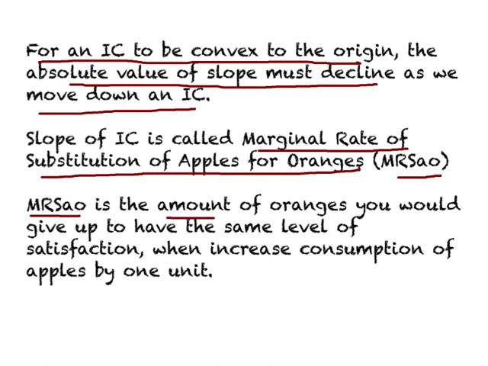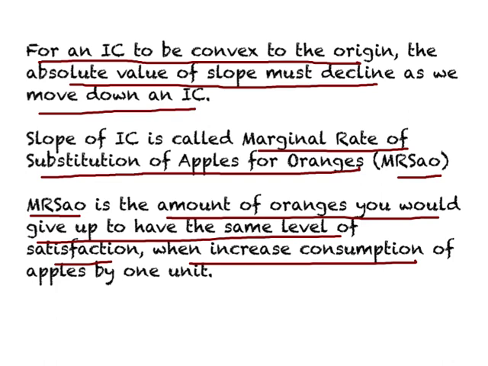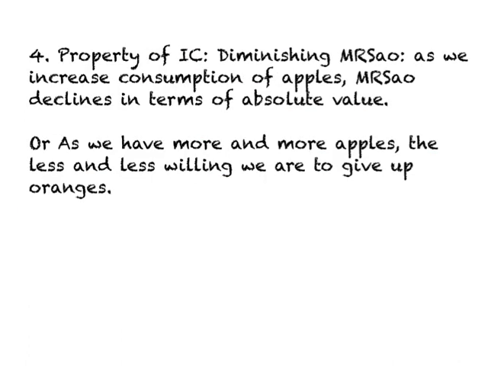It's the amount of oranges you would give up to have the same level of satisfaction when you increase consumption of apples by 1 unit. And this is how we define marginal rate of substitution. And if we want convexity, what we require is, in an absolute sense, marginal rate of substitution must decline as we have more and more apples or we move down a given indifference curve.